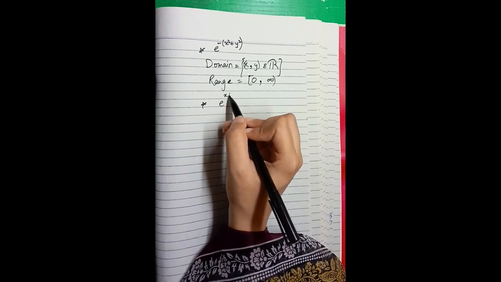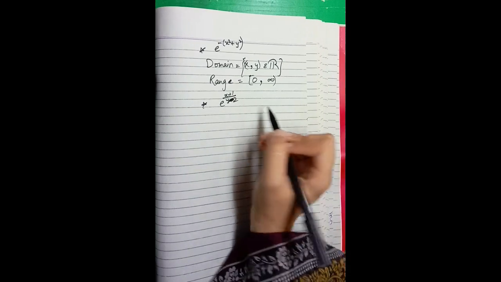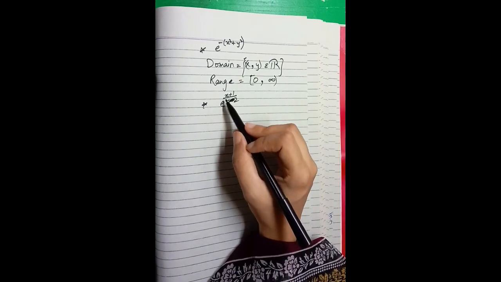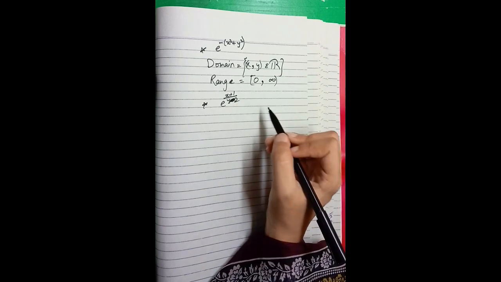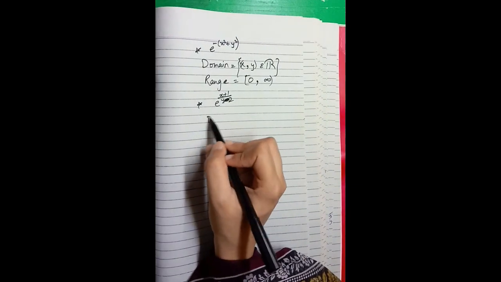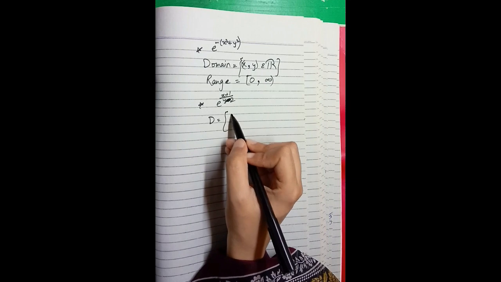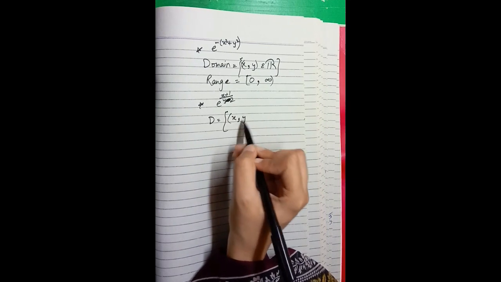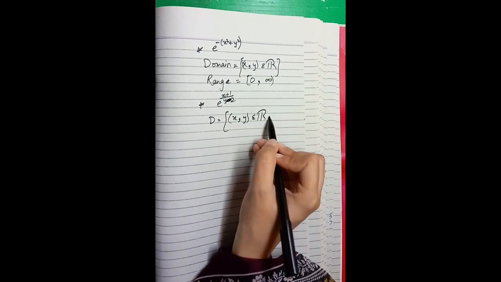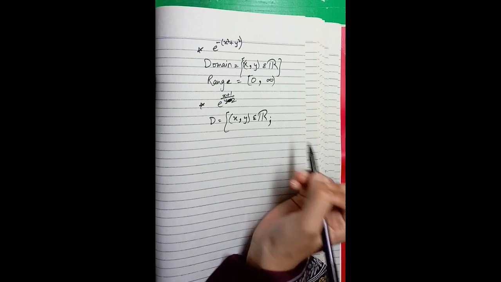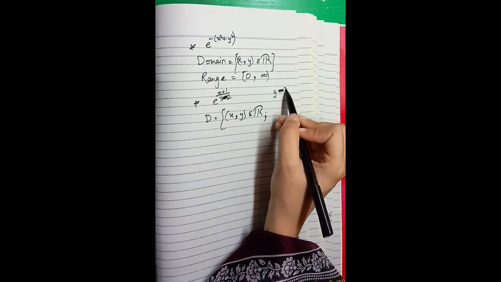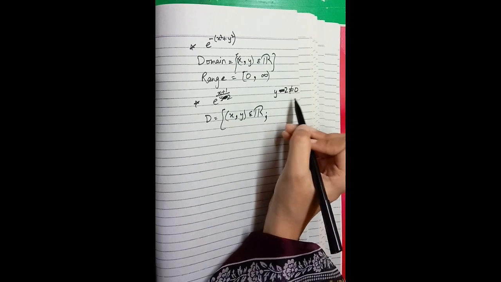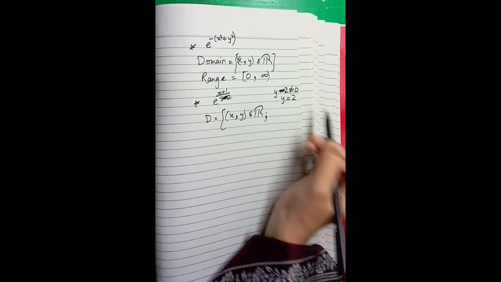Exponential raised to the power x plus 1 divided by y minus 2. For this, what is our condition? The domain is x and y belong to real numbers, but the condition is that the denominator, y minus 2, should not be equal to 0, which means y should not be equal to 2.